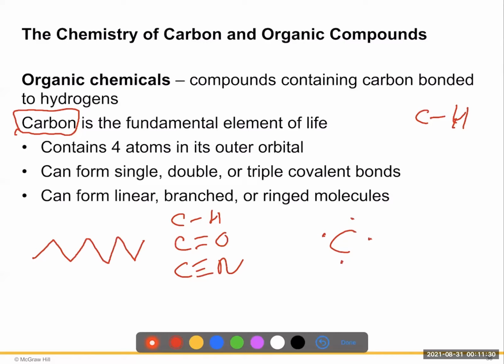Every corner, every dot, every space there's a bend is a carbon atom, and then a hydrogen to make it have 4. So there'd be 3 hydrogen here, 2 here, etc. It can be branched. You have different branches on it, and that will still form organic compounds. Or it can be ring molecules. It can form different ring structures.